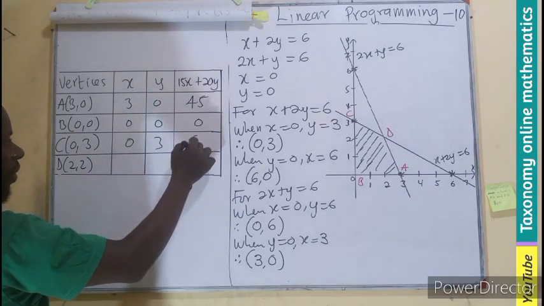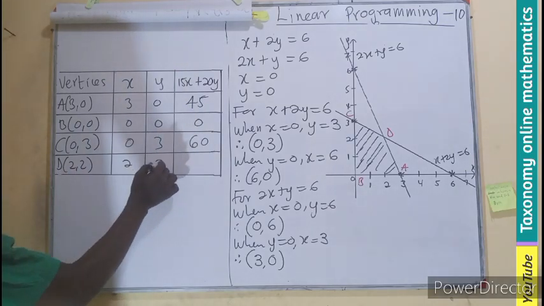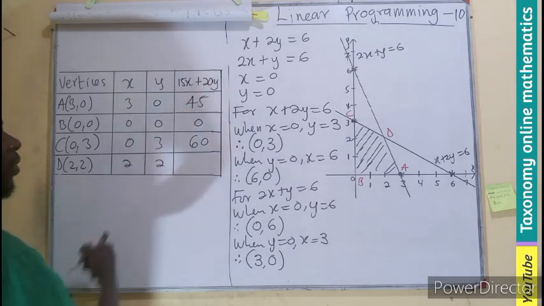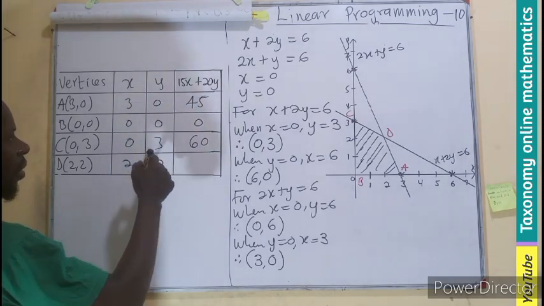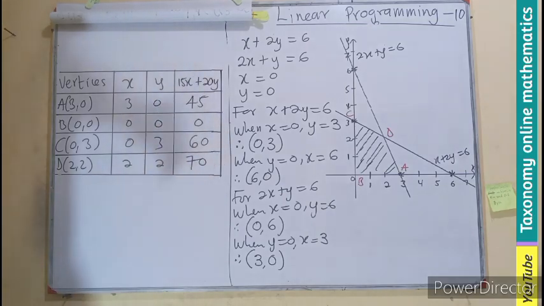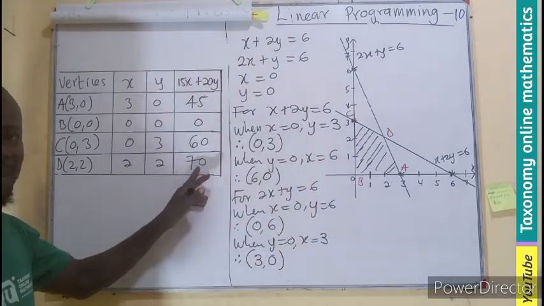Then 3 times this will be 60 Ghana cedis. 2, 2. 2 here will be 30, right? 2 here will be 40. And then 2 times this will be 30, 40. We have 70 Ghana cedis. So you can see clearly that the maximum value is 70.